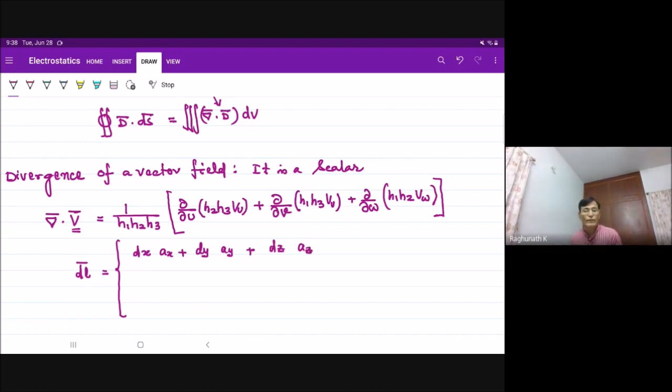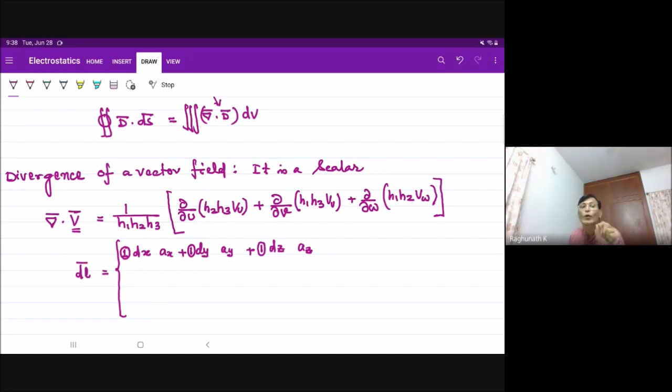You know this. Where we vary x by dx, dx only will be the component because they are all independent. Y by dy, keeping other two constant, y only will change. This is first one. Coefficient to dx is 1, h1. This is also 1, h2. This is also 1, h3. I'm rounding them off in order.